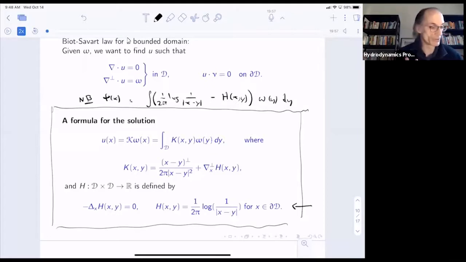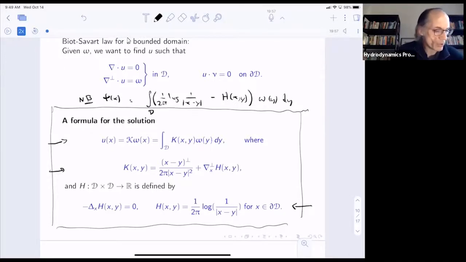It'll be a function whose Laplacian psi is equal to omega, and it will equal 0 on the boundary of the domain. This is over D, and then I find u by taking the orthogonal gradient of that thing. That's exactly what K is here. K is the orthogonal gradient of this kernel.